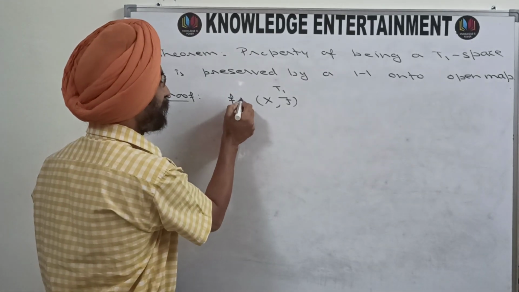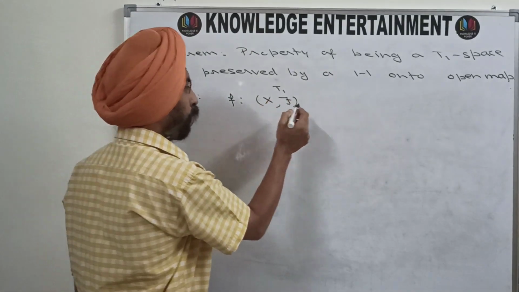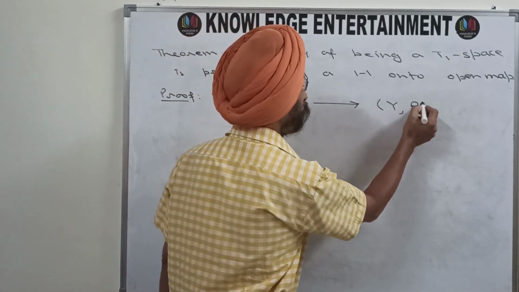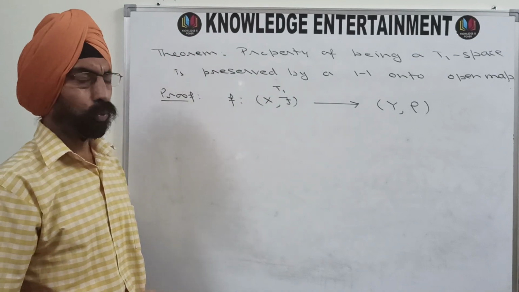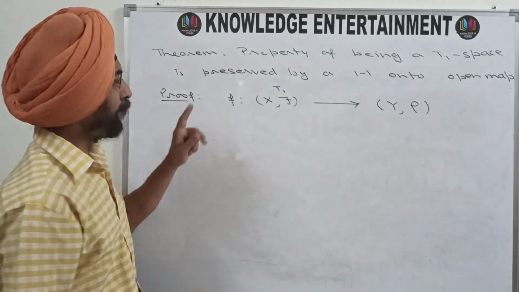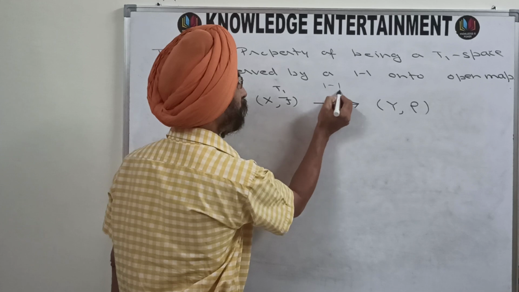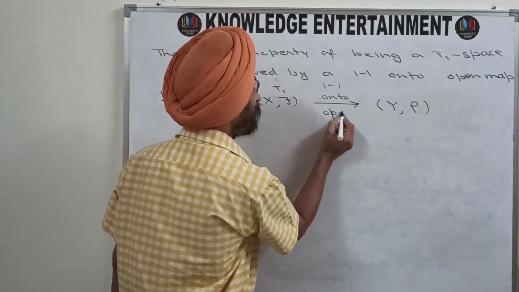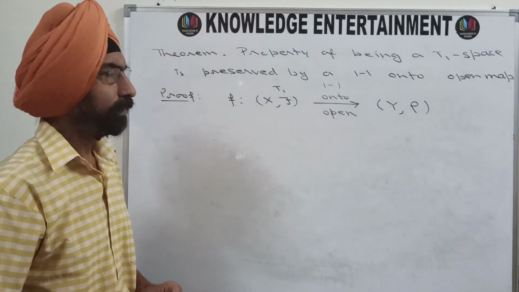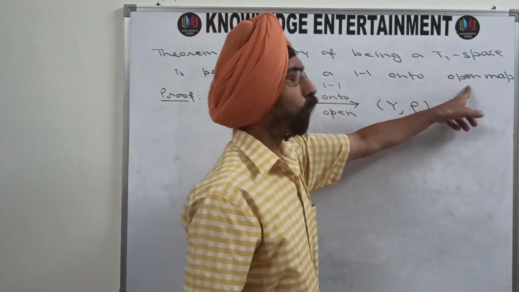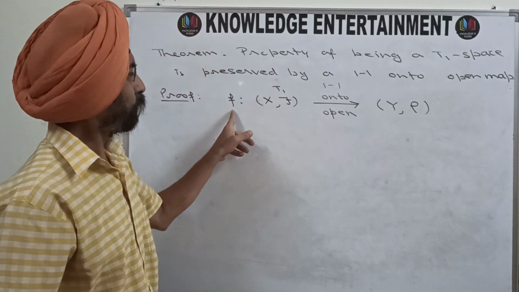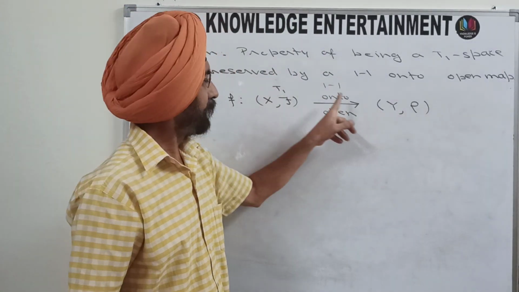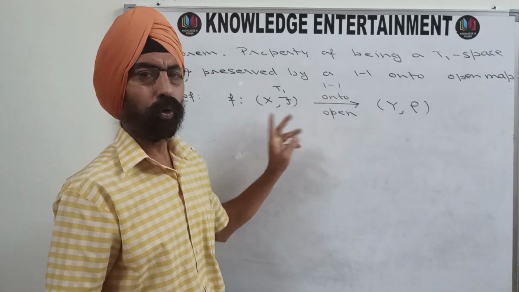F is a map from X tau to another topological space Y rho, such that this map F is 1-1, onto, and also an open map. So F from a T1 space X tau to another space Y rho is a 1-1 onto open map.